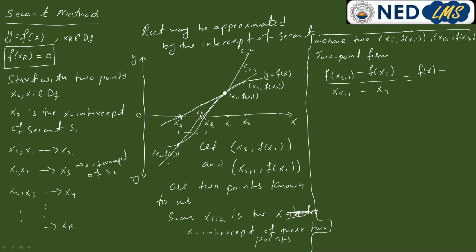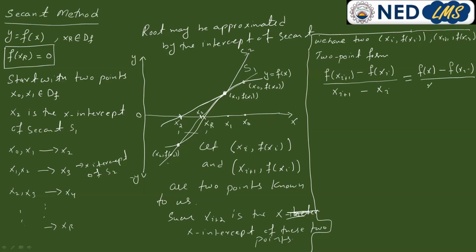Although the line is there, we are saying that this line is very close to this curve, so the value of the curve can be approximated with the line value as well. So instead of putting y here, I'm saying f of x. Although f of x lies there, we are approximating, so we are saying that they are the same. I can use any of the points here, and I'm using this point just to have a symmetry.